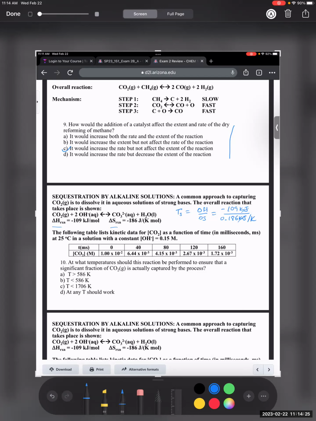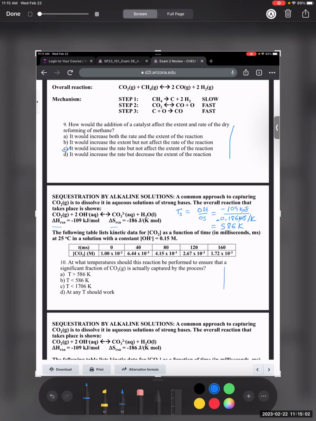And if we do this on Excel, what we have is 109. This is the minus value as well, that's why it's going to be positive. 109 divided by 0.186 is 586. This is going to be 586 Kelvin. Okay. So again, this is product favored only at low temperatures.